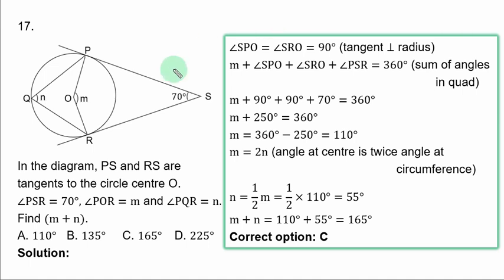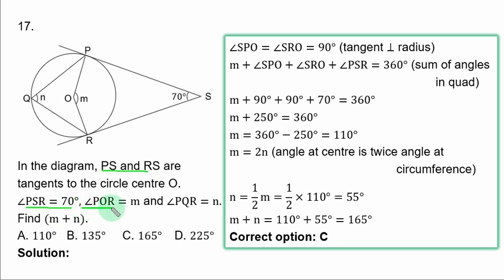Question 17. In the diagram, PS and RS are tangents to the circle center O. Angle PSR is 70 degrees.